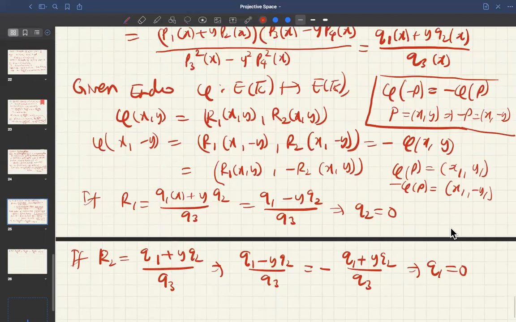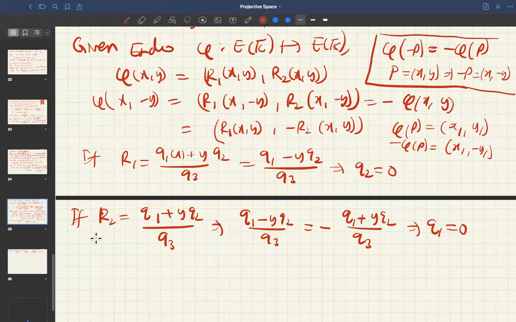So that way, what we actually get is the following. Hence, phi of xy will be R1 xy. So R1 xy, Q1 minus Q2, is going to be 0.